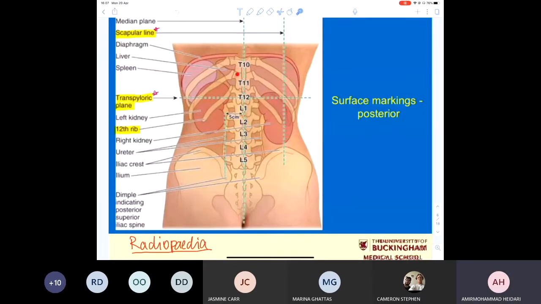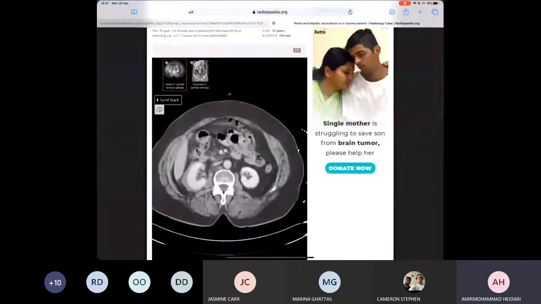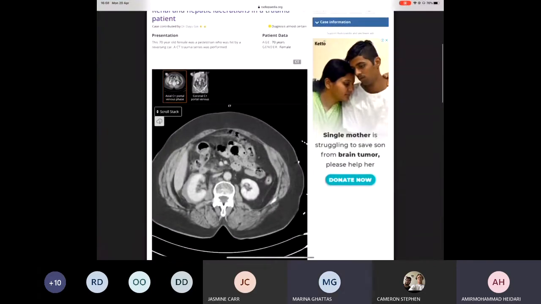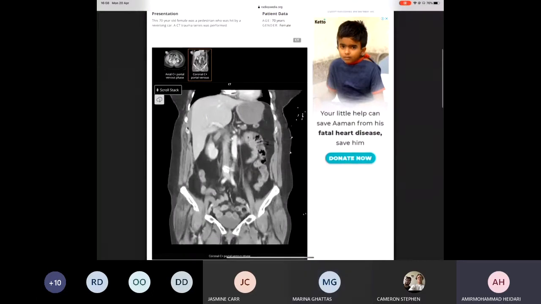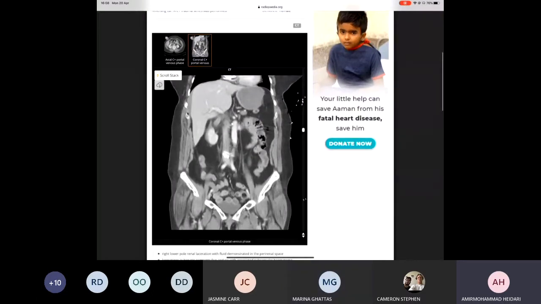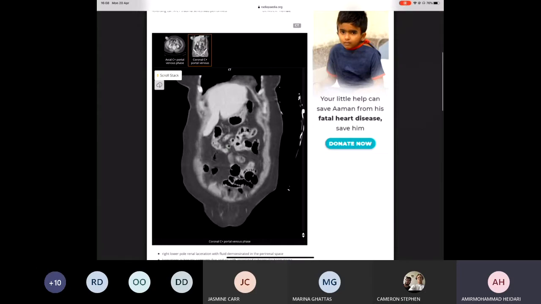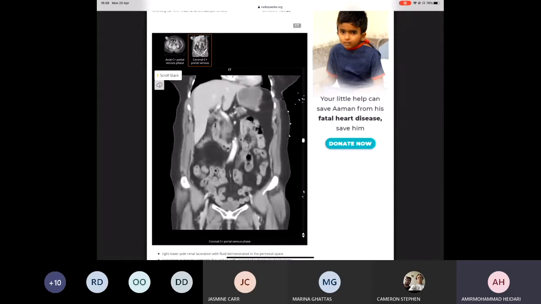You notice that the ribs are really closely related to the kidneys, the 12th rib and the 11th rib, and you can find the kidneys here clinically. So keeping in mind that relationship of the kidneys with the ribs, I'd like to go through a case study which I found. This is a 70-year-old female who had trauma to her abdomen and thorax.